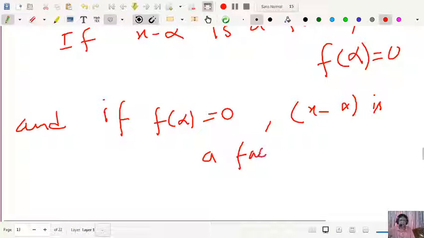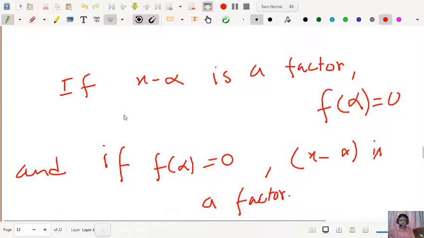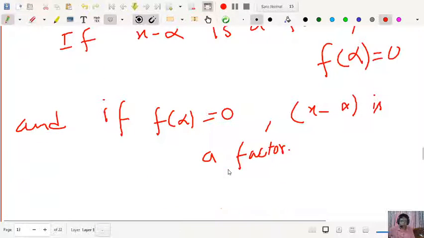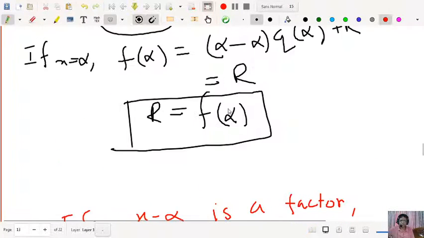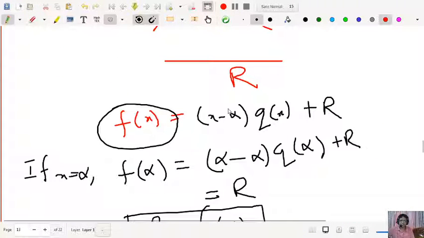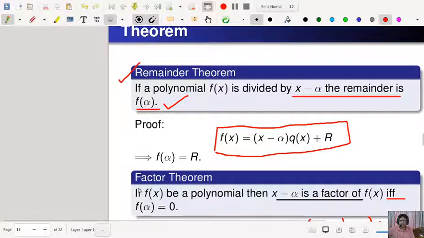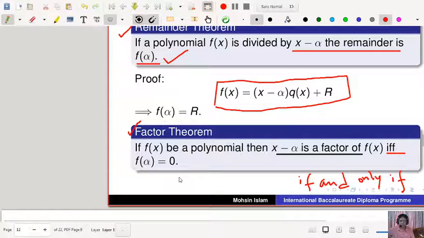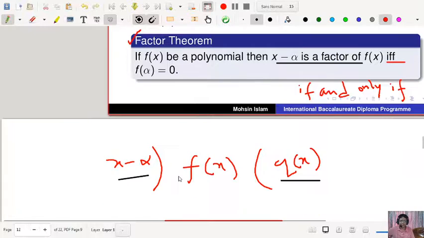Am I clear? So that is why the condition is if and only if. If x minus alpha is a factor, f(alpha) is equal to 0. If f(alpha) is equal to 0, x minus alpha is a factor. Clear? So this is the remainder theorem and this is the factor theorem. Okay? Next.